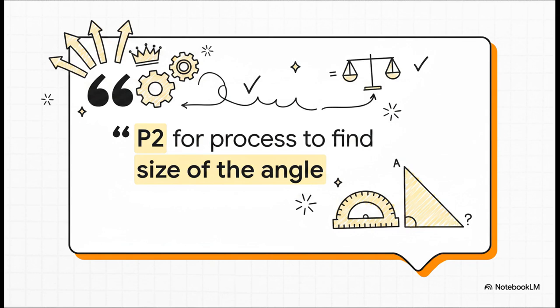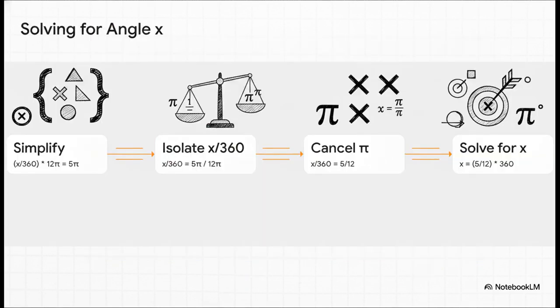Now, this next bit is really interesting. The mark scheme gives a P2, that's 2 whole process marks, for the complete process of solving that equation to find the angle. That really shows you how much they value this step. Let's just follow the algebra. First, we tidy it up. 2 times 6 is 12, so we have 12 pi. Now we want to get x on its own, so we can divide both sides by 12 pi.